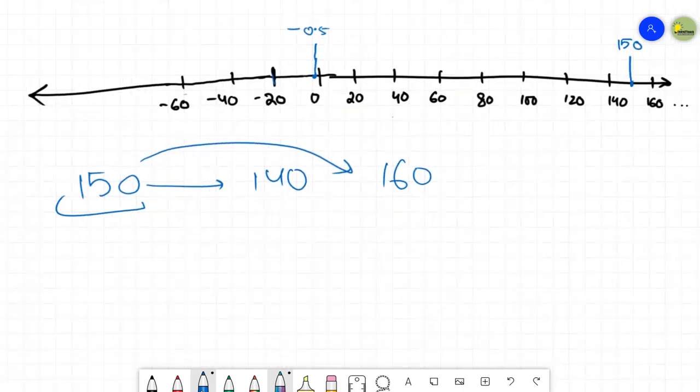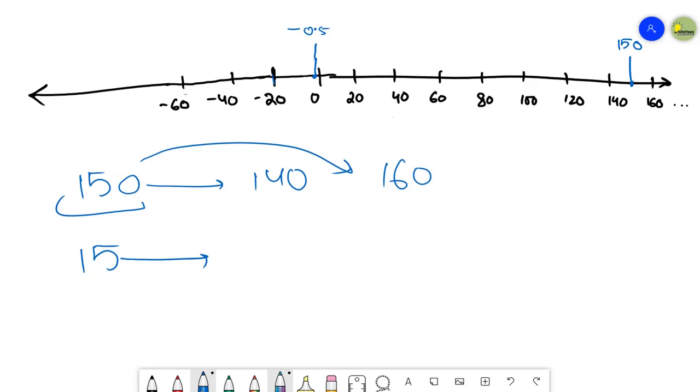Now I have 15. 15 is not exactly the middle, but it is going to appear between 0 and 20. If I find out the exact value of 15, let's talk about the middle value between 0 and 20, which is 10, and the middle value between 10 and 20 would be 15. So I need to plot it somewhere over here.